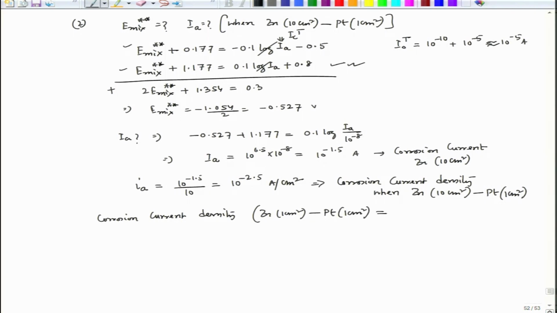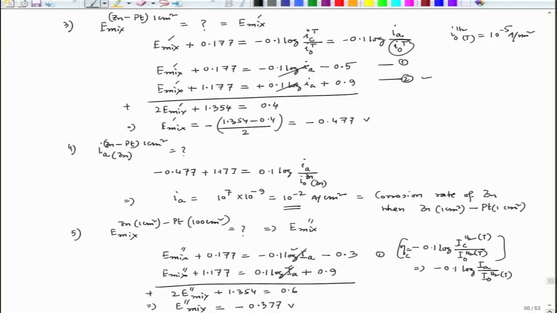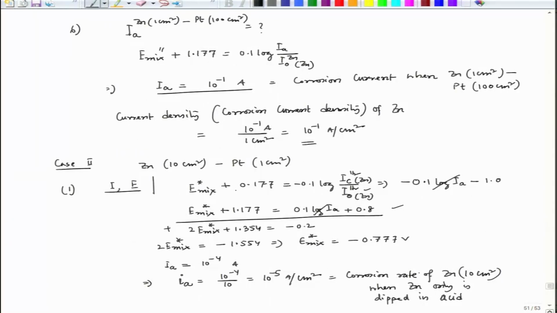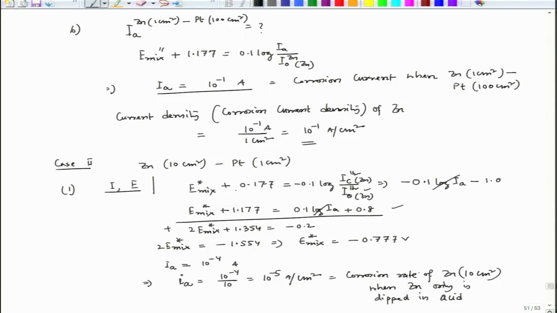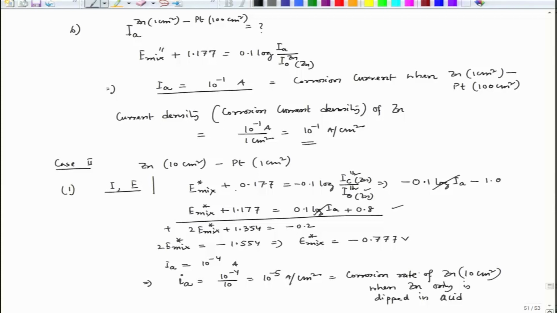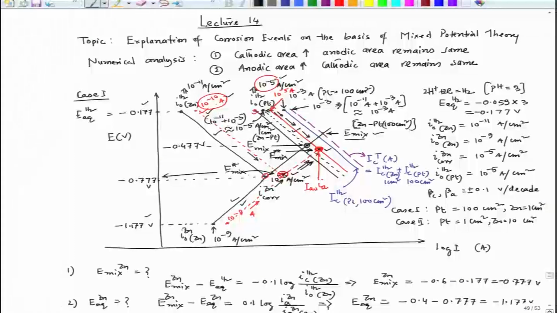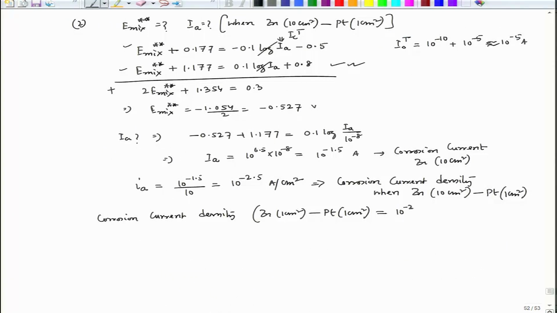That value we have calculated before. Yes, this was the value we have calculated. So, it was 10 to the power minus 2.